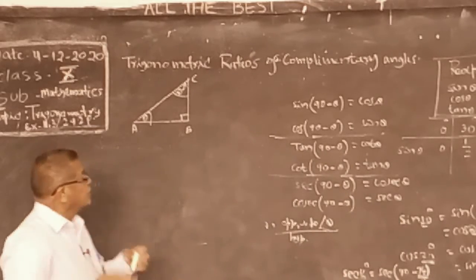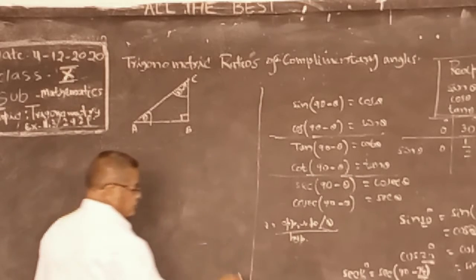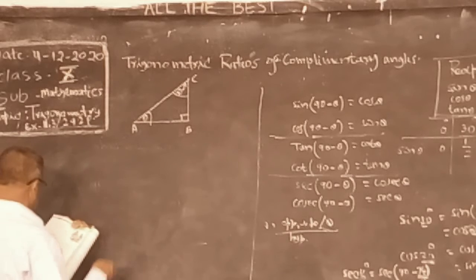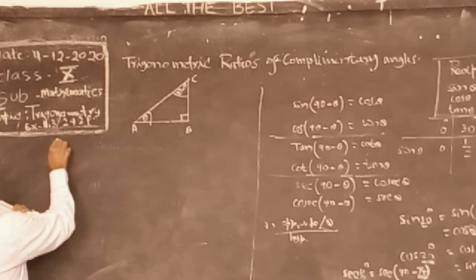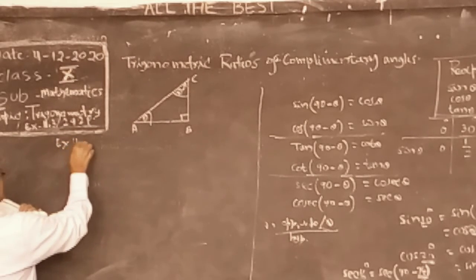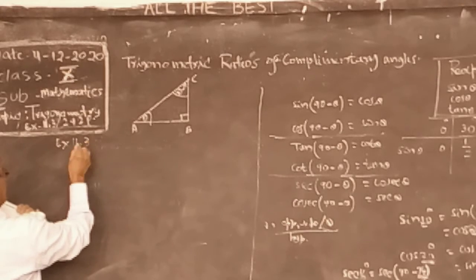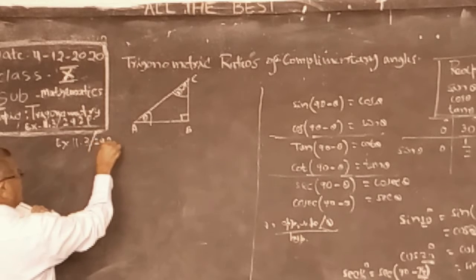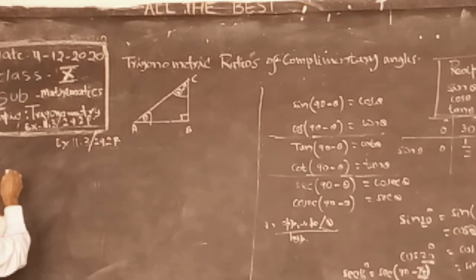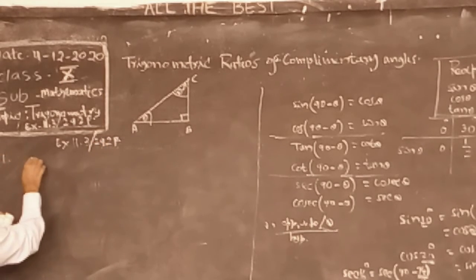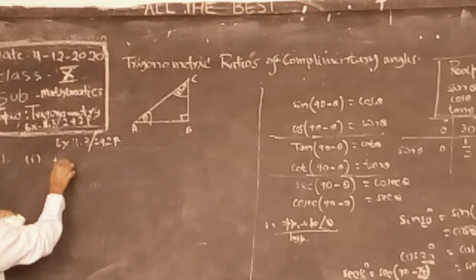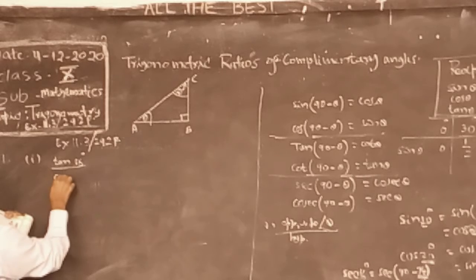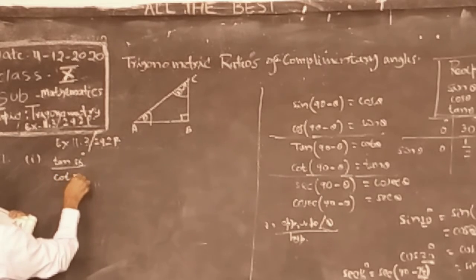Now, 11.3, I will start from here. Exercise 11.3, page 292. Question 1: tan 36 degrees by cot 54 degrees.